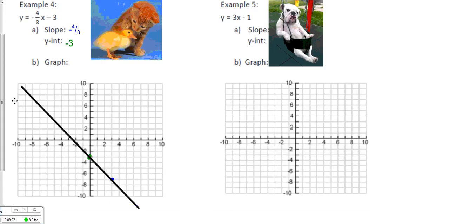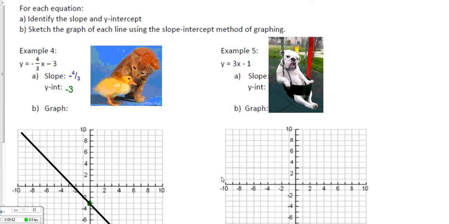Notice, reading from left to right, because we always read left to right, this line is going down. You'll know that it goes down because it has a negative slope. If it was positive, it should be moving up. So that's a way to check and make sure that your down so many and over so many makes sense. Negative slope, going down.